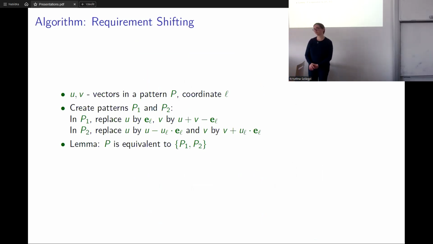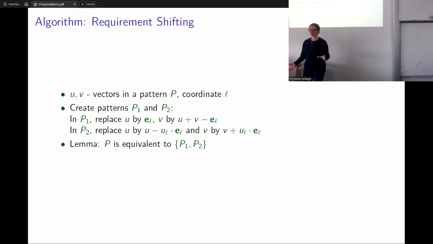So formally, if we have two vectors in a pattern and we look at some coordinate L, we can create two patterns, P1 and P2, that are going to be almost the same as this initial pattern P, except for these vectors U and V that we will replace by something else. In one of them, we replace U by just a unit vector and V by their sum.